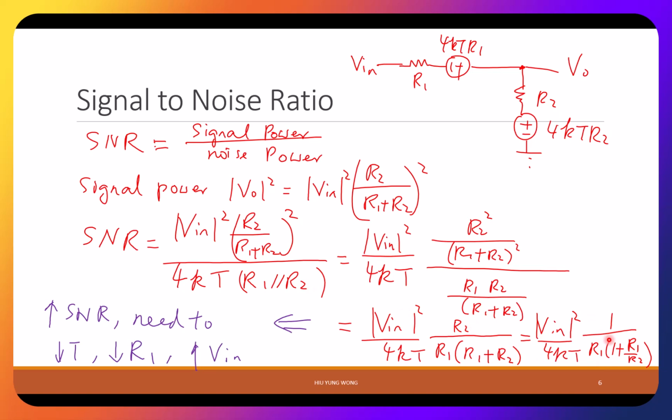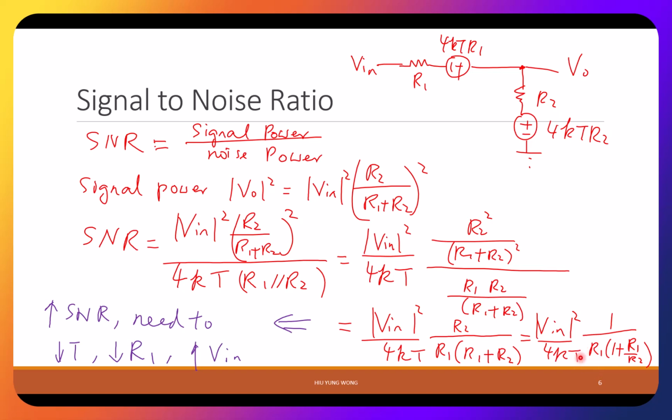Basically, it's this. If I want to increase the signal to noise ratio, I want to make this term big. What can we do? Increase Vin, of course, just like what I said. If it's very noisy, just speak louder so your friend can hear you in the restaurant, right? Or reduce the temperature. Why?